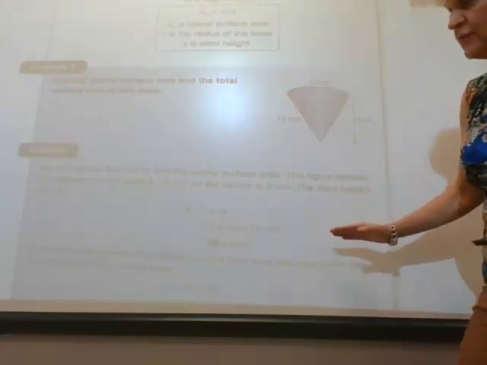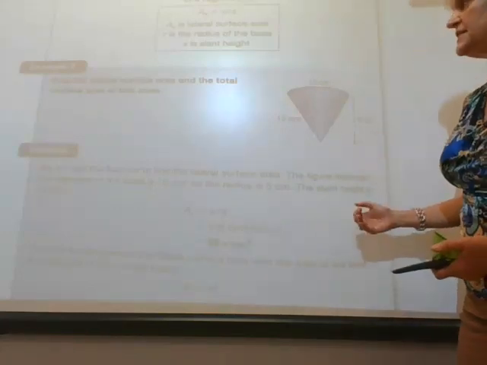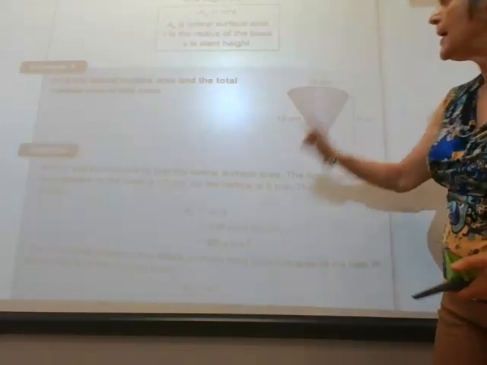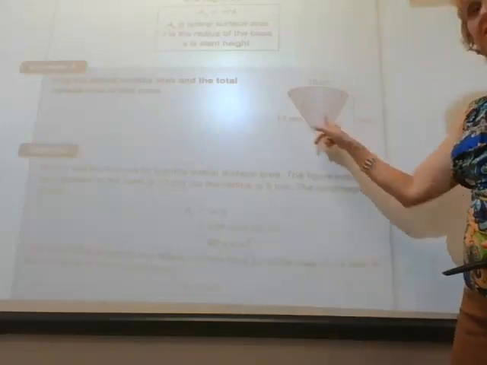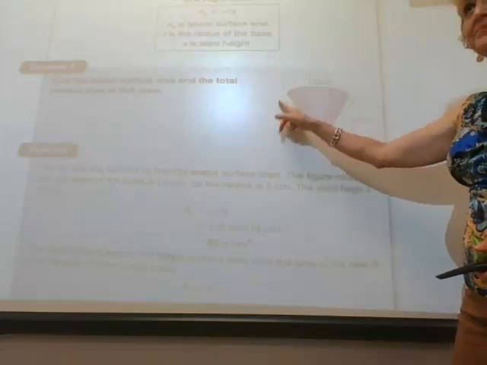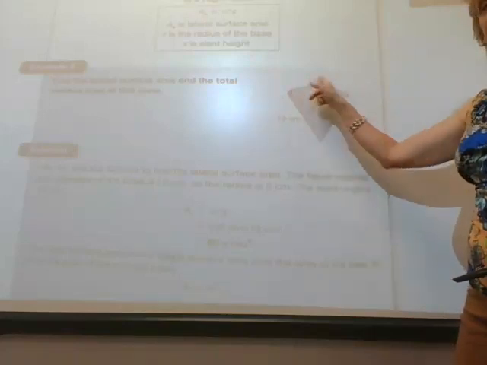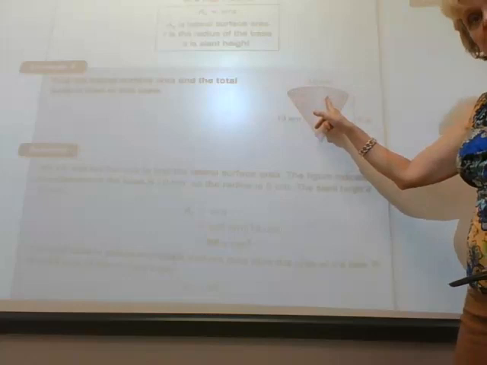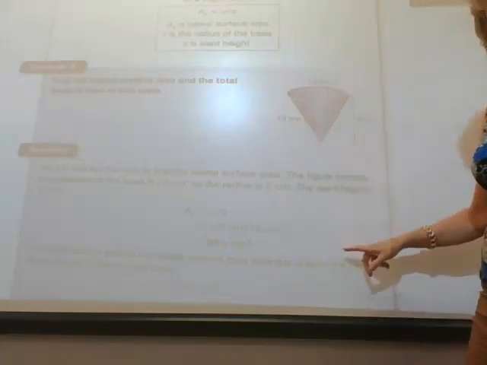All right, now if we are going to get the total surface area, we'd say 65 pi plus pi r squared, right? So radius is 5. 5 getting squared is 25 pi.